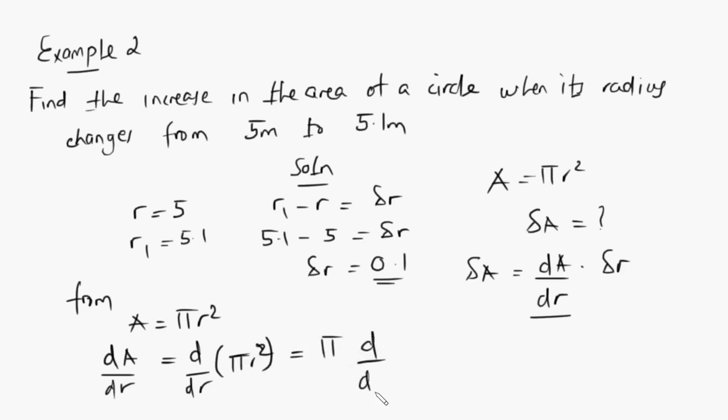This is just differentiating r squared, which gives 2r. So it's just pi times 2r, which is equal to 2 pi r. So this is dA dr.